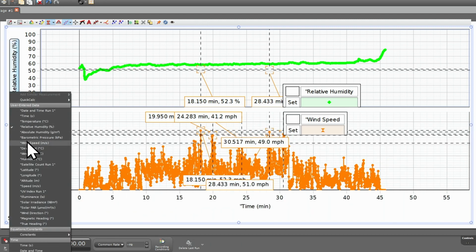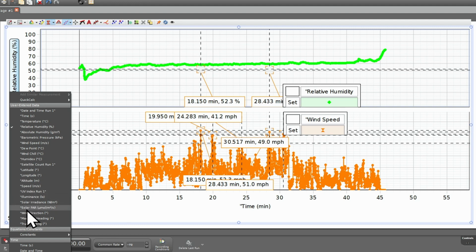So we can see that there's quite a lot of data that we can get from this. We can also look at the latitude and longitude, so we can, with other pictures like Google Earth, see where we were at the time.